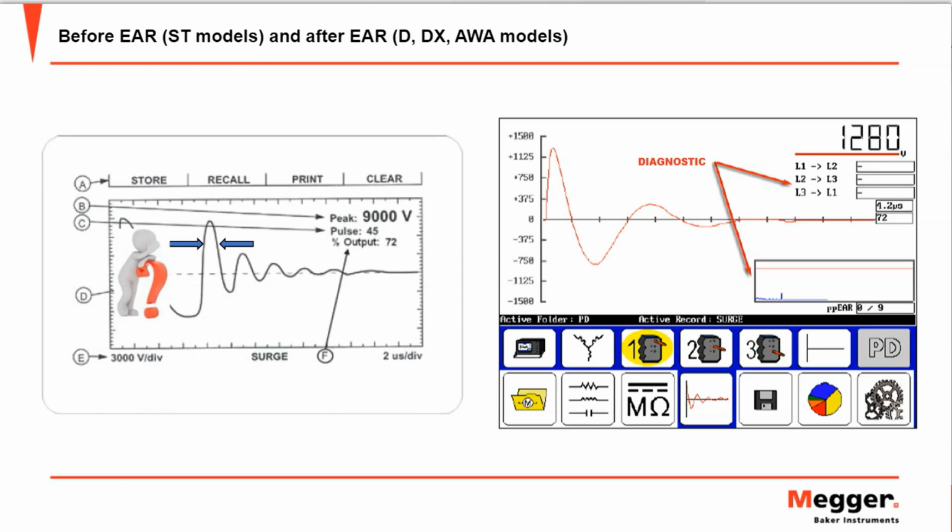So there was no calculation in the past before the invention of the EAR. Then we have two different variables as a diagnostic: line to line and pulse to pulse for each individual lead of the motor. So better diagnostics.